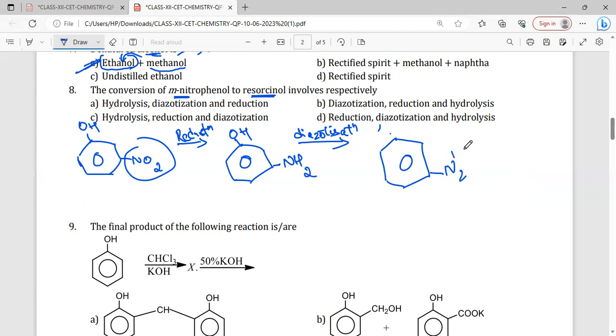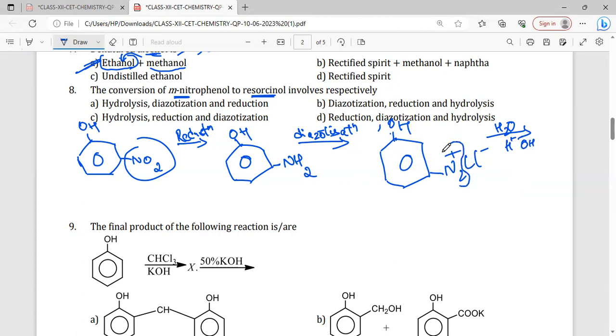So this is N2 plus Cl minus, the diazonium chloride, right? I converted it into diazonium. Next, upon hydrolysis, what can happen? I can take H plus and OH minus.